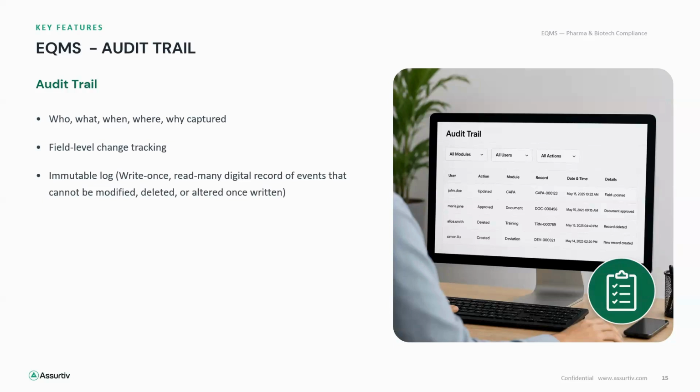So in audit trail, who has modified that also, who has deleted, there will not be any deletion option, but still if any modification or erasure is going to be done at the field level, the audit trail is going to be capturing it. An immutable log, as we just discussed, immutable signature and the same immutable log. So you can write once and read many digital record of events that cannot be modified or deleted or altered once written. So all these things are going to be captured under audit trail.